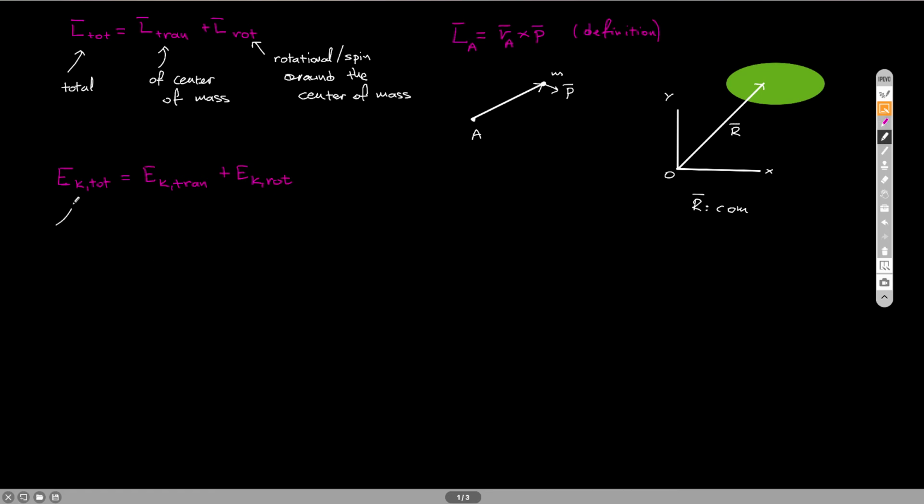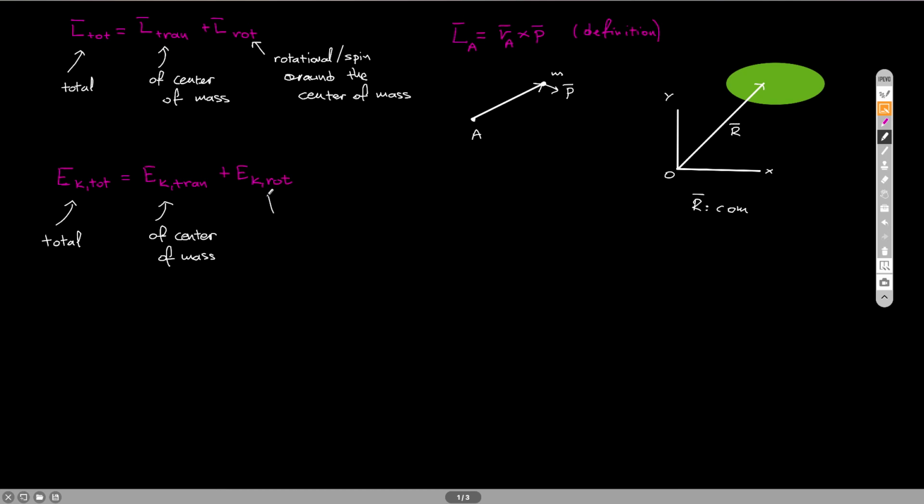Now, what is that? The term on the left is the total kinetic energy of the solid object. This is the translational kinetic energy, that is the kinetic energy of the center of mass. To calculate this quantity, I assume I have the center of mass here with the mass equal to the entire mass of the solid object, and then I calculate that as the kinetic energy of a single point particle.